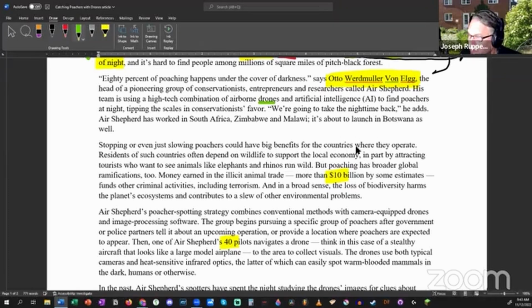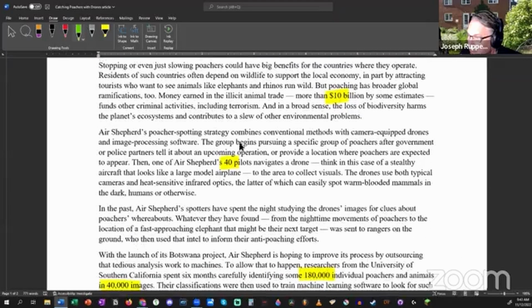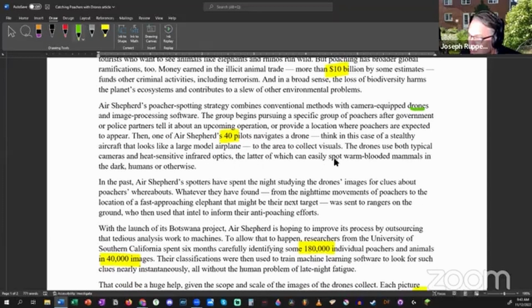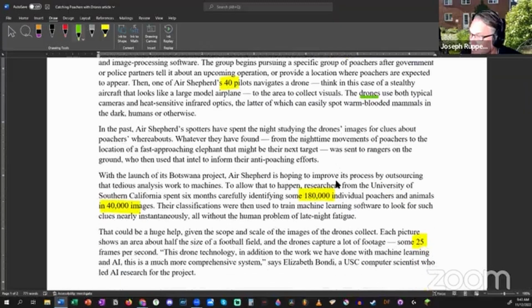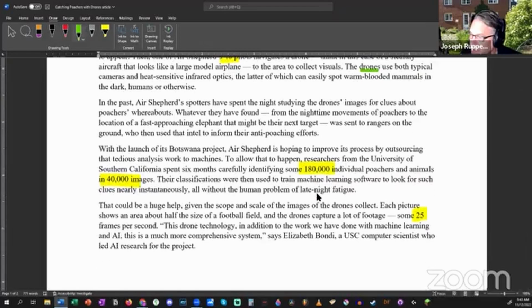So we got drones. Where else? I saw drones. I did. There it is. Drones. So that's good. I know that we're going to get a lot more information on the drones, which I was hoping we would, because we didn't really learn much about the drones from the first paragraph.